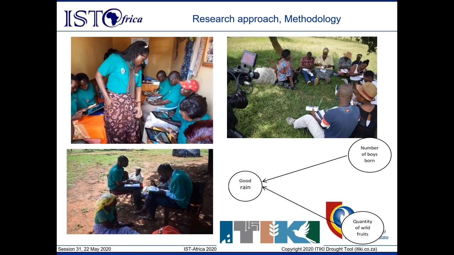The second one, top right, is with the farmers in South Africa, a place we call Pietermaritzburg. At the bottom left, a brainstorming session with our farmers in Mozambique. And on the bottom right, here's an illustration of scenarios for drought prediction.